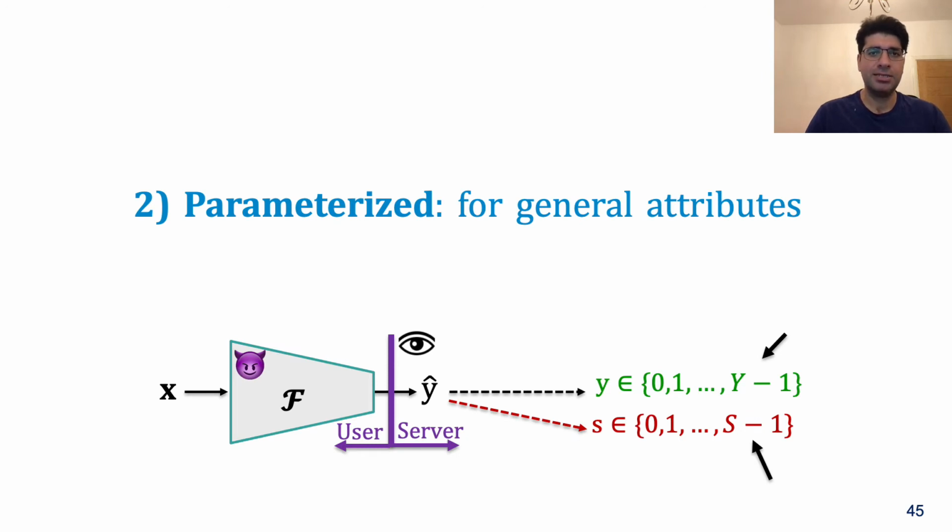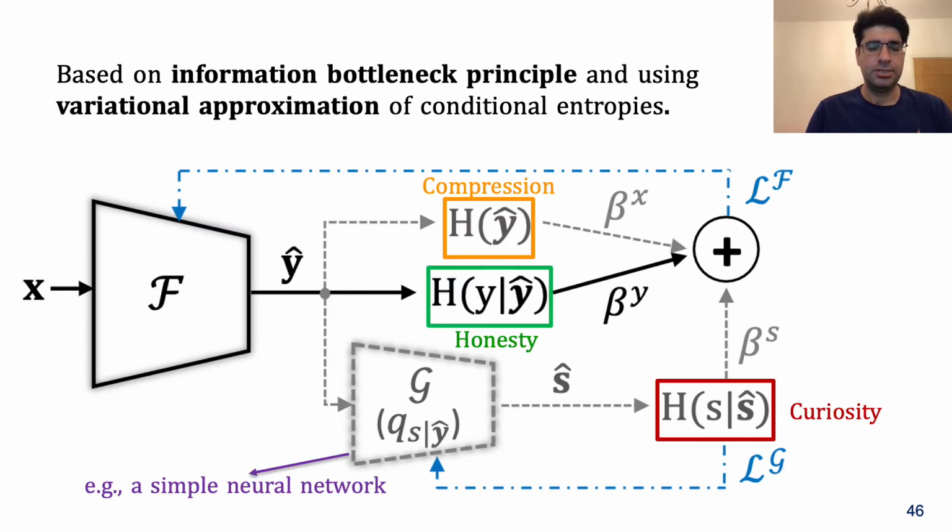Now I explain the parameterized method that can be used for any categorical attribute. This is the general overview of the parameterized method, which is based on the information bottleneck principle. Basically, we define a parameterized model G, for example, a simple neural network.